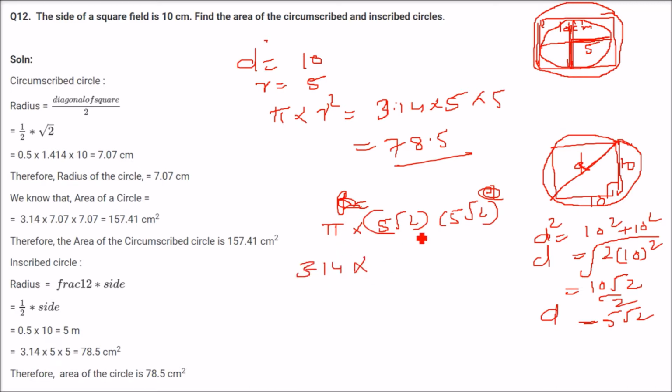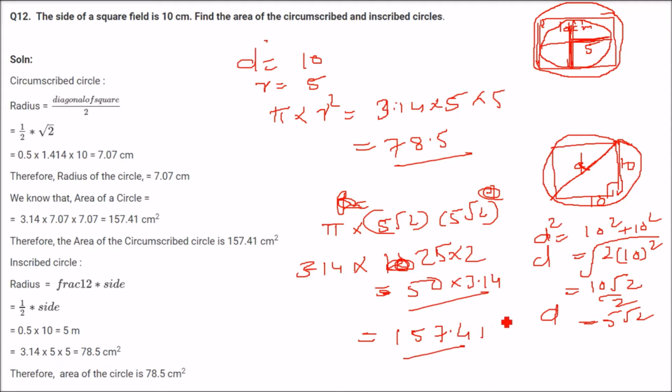The pi is 3.14, and 5 into 5 is 25. And root 2 into root 2 is what? 2. So you get 50 here. 50 into 3.14, and this area is going to come as 157.